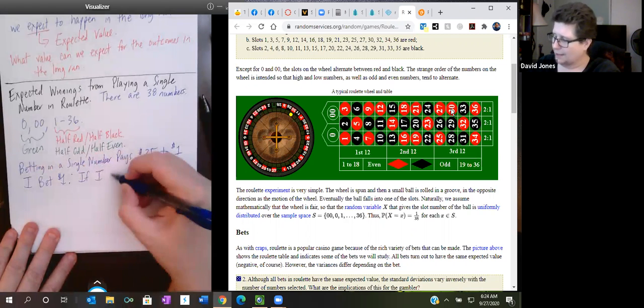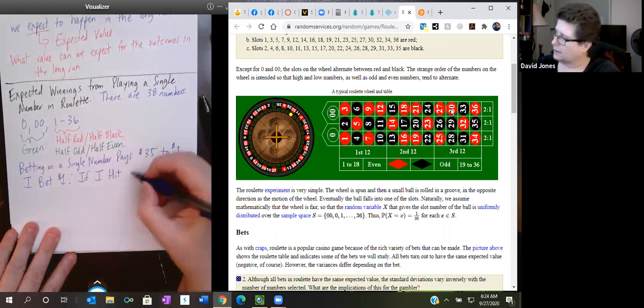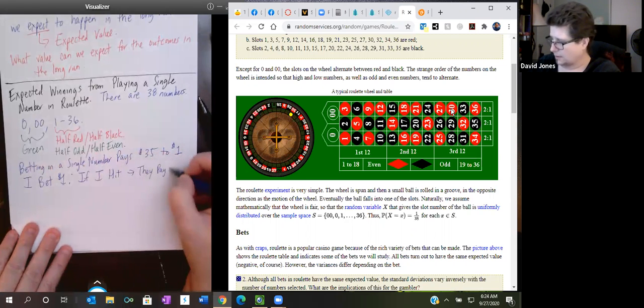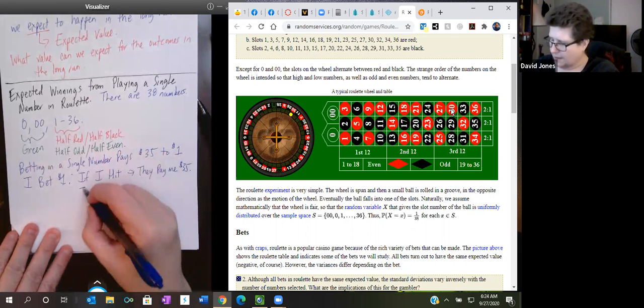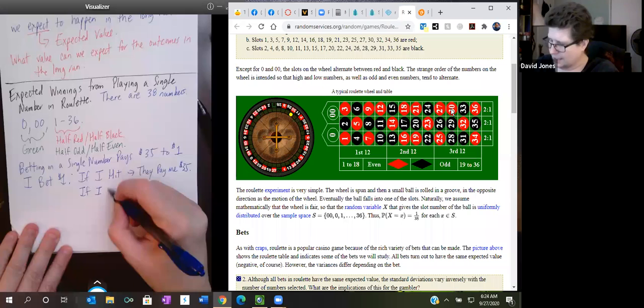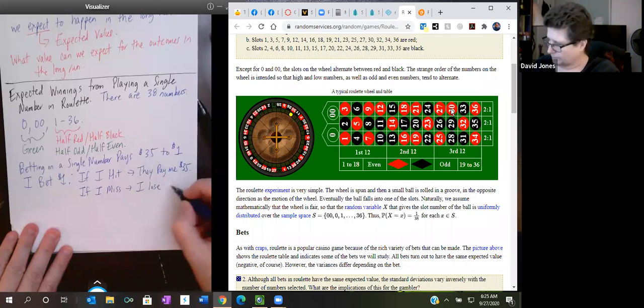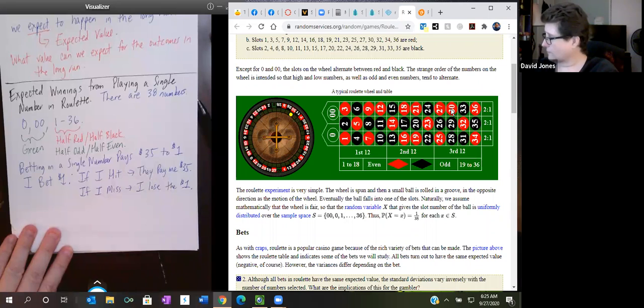If I hit my number, they pay me $35. If I miss, like the ball lands on a different number than what I bet, I lose the $1. They pay me 35 bucks and I keep my buck, okay?